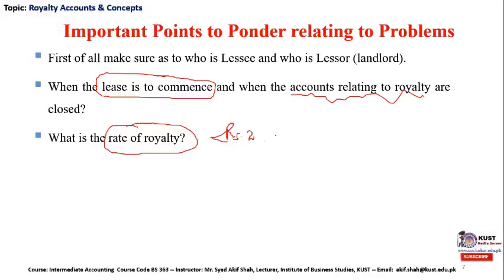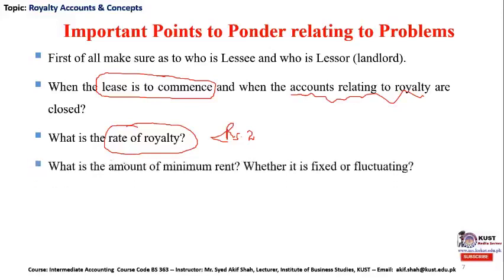It must be clear. It depends upon the number of units sold, or the units of production like tonnage or kilograms. And when the royalty accounts deal with the selling of the books of a particular author, the royalty depends upon the number of units sold by the publisher.